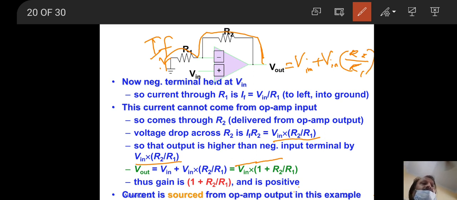Vin is common, so I can write Vin multiplied by 1 plus R2 divided by R1.